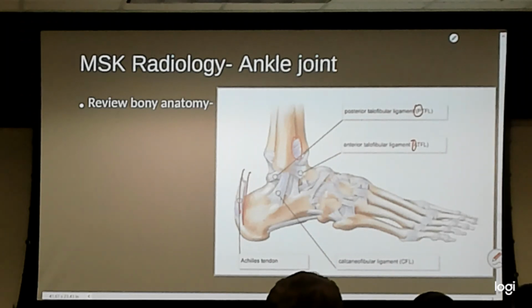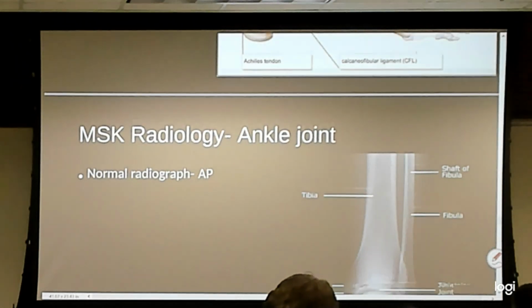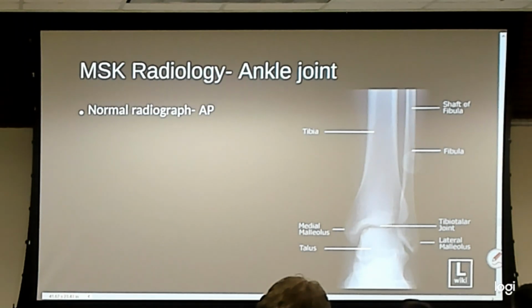The only other one that we care about is between the second metatarsal and the bones that are related around there. If you guys have heard of a Lisfranc injury pattern, we'll talk more about that when we get to next block. But that's the only other one that really comes into play in terms of things that you need to know, and we have better slides on that. Lisfranc ligament later.